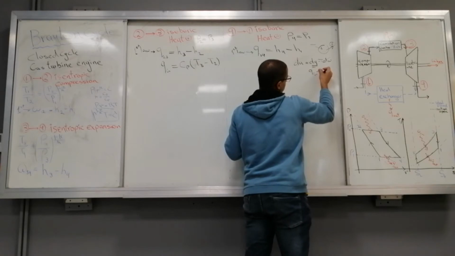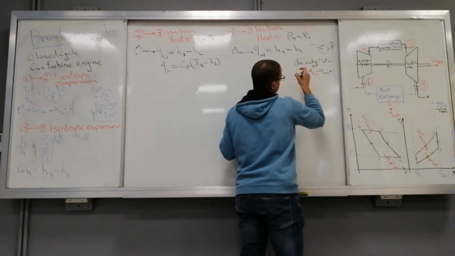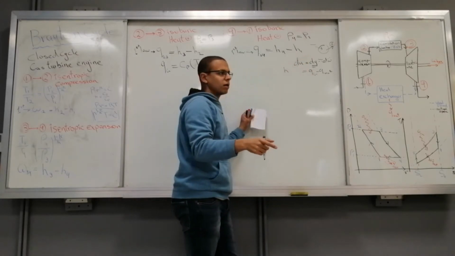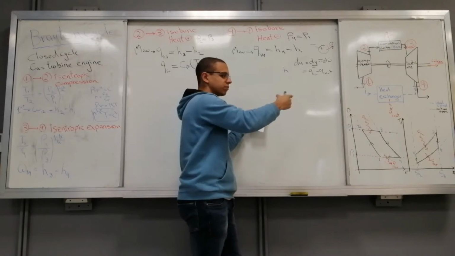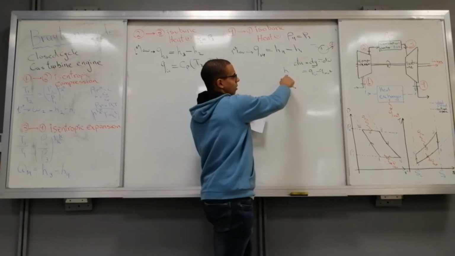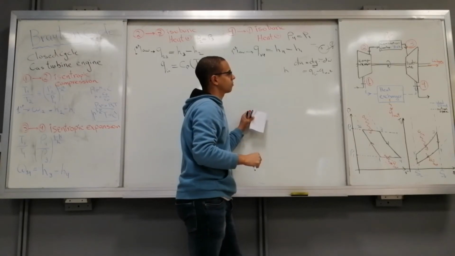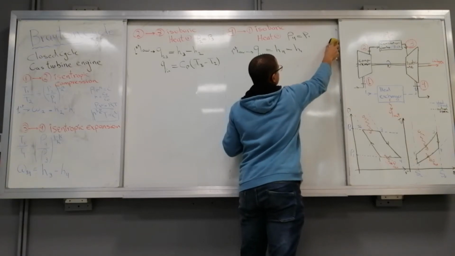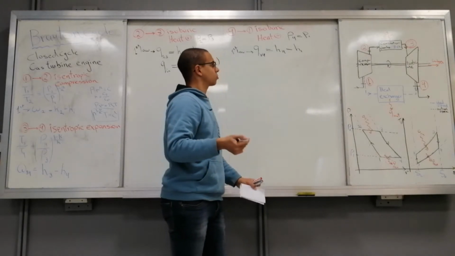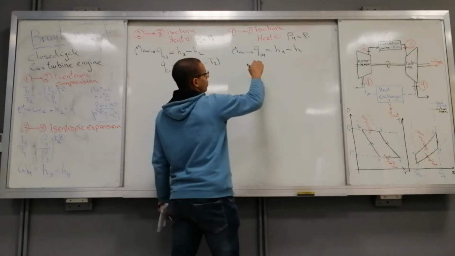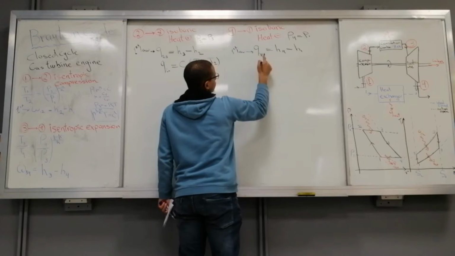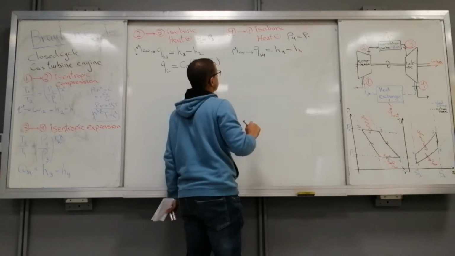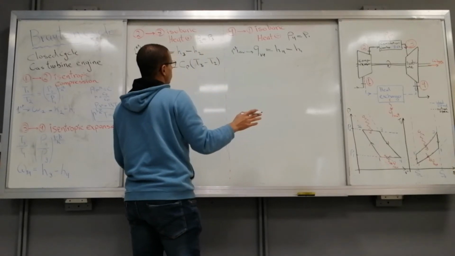So Qin minus Qout equals dU, or dH. We will do this substitution when we analyze the further part of the cycle. Then we deduce that Q41 equals H4 minus H1, the bigger one minus the smaller one, to avoid messing up with the signs. And then we are all good.